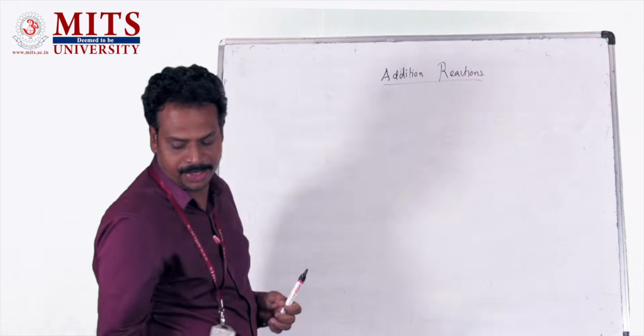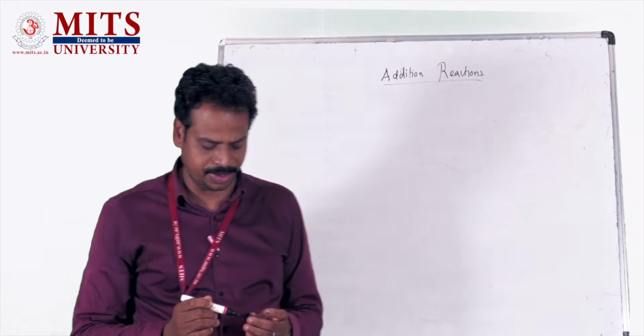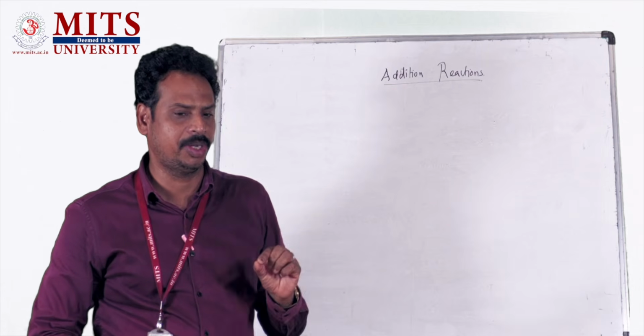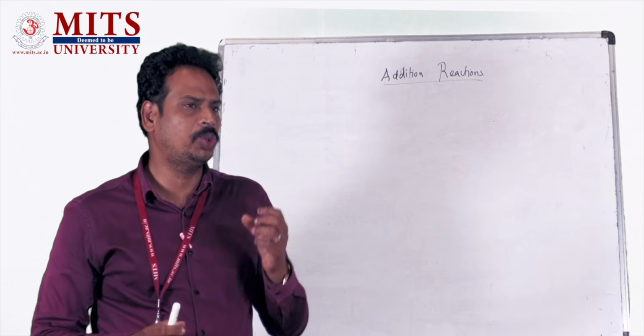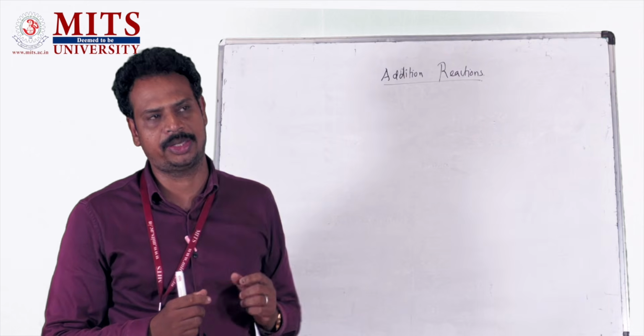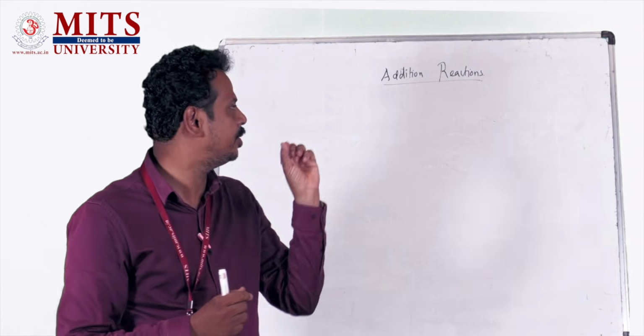Now, what is first the definition of addition reactions? Addition reaction is a reaction in which a combination of two reactants forms a new, single product. So that is the addition reaction definition.